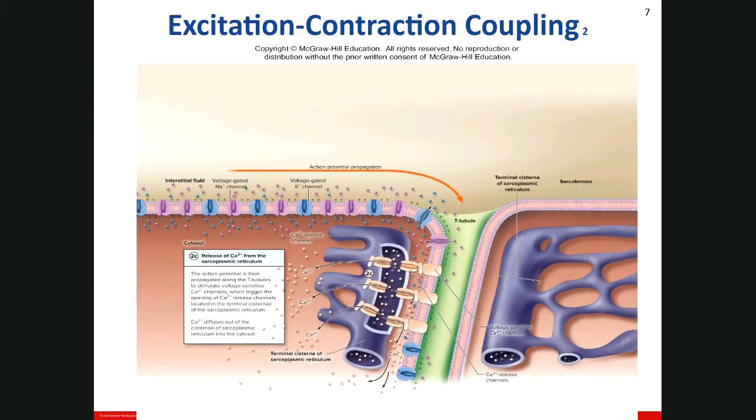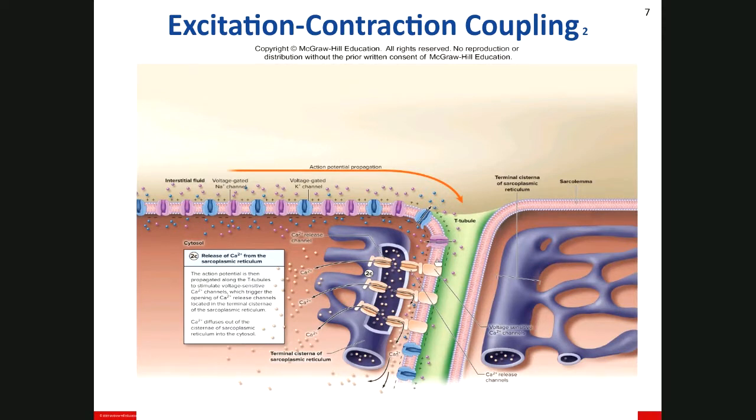In this picture, it wants to show you a process which we call excitation contraction coupling. In this excitation contraction coupling, you can see the propagation of action potential in the sarcolemma. Then this action potential comes and enters the T-tubule.